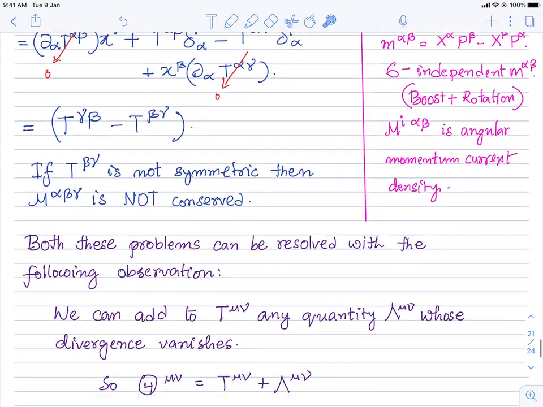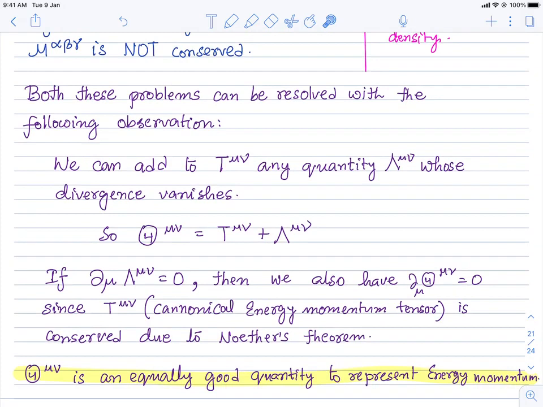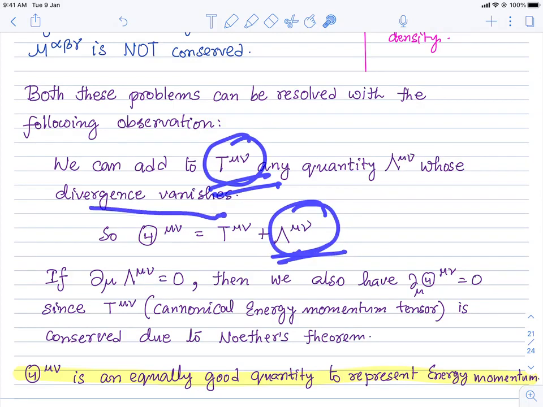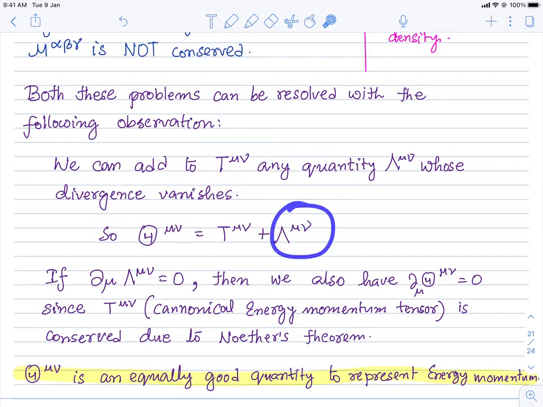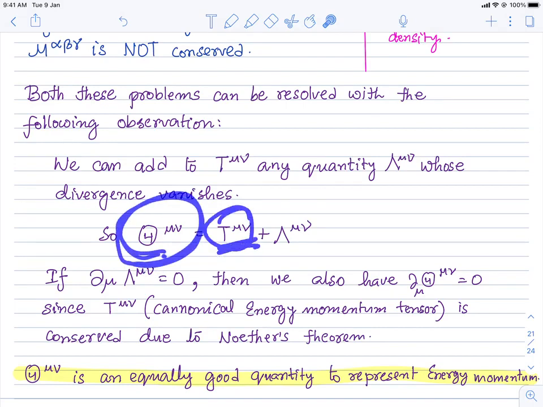Now how to address that problem? The way to address that problem is to first observe the following thing: if we take this canonical stress tensor, then we can add to it some lambda mu nu, where the divergence of this lambda mu nu itself vanishes. So I can take a quantity whose divergence vanishes and add it to the stress tensor. Then I will get a new quantity, a modified energy momentum tensor, theta mu nu.